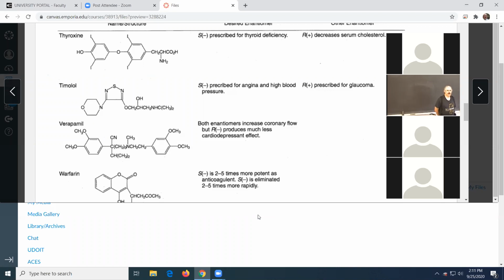At that time, the legal definition of cocaine was an extract of the coca plant. The coca plant only produces a single enantiomer, and so the suspect's lawyer argued that this white powder could not have come from the coca plant. It was in fact synthesized.